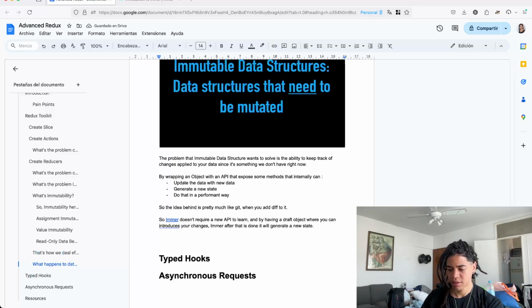Immutable.js provides an API to create immutability.